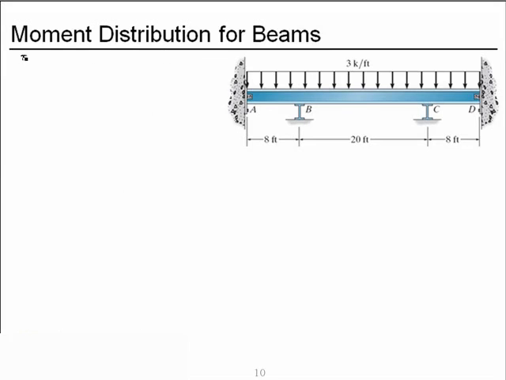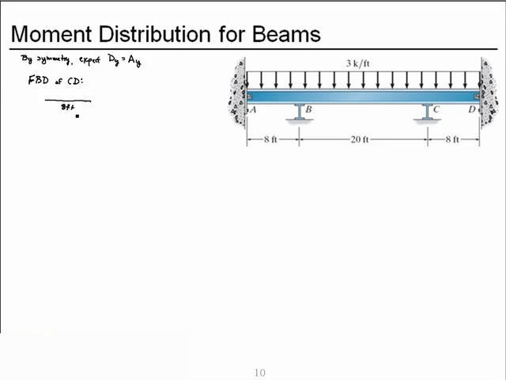Now, from the symmetry of the problem, we expect DY to equal AY. And we could just assume it to be so, or we can perform equilibrium on one more free body and let that be a check of our work so far.